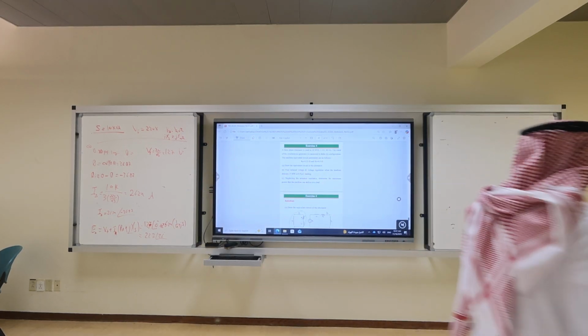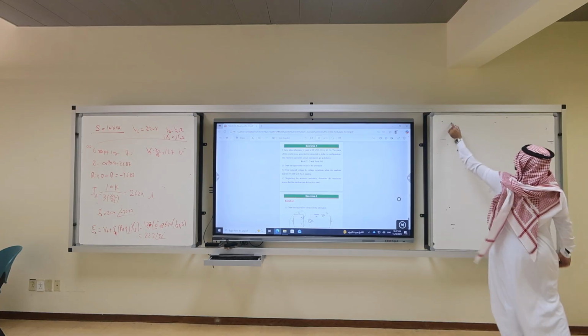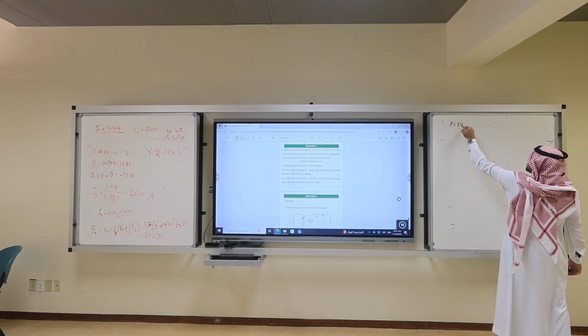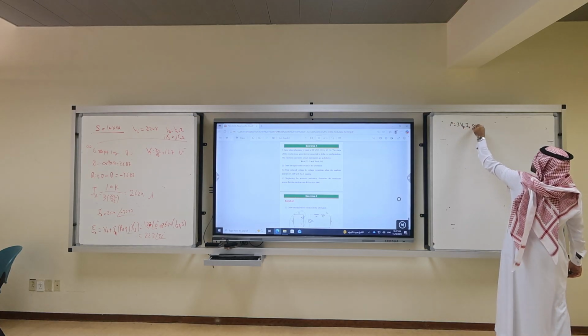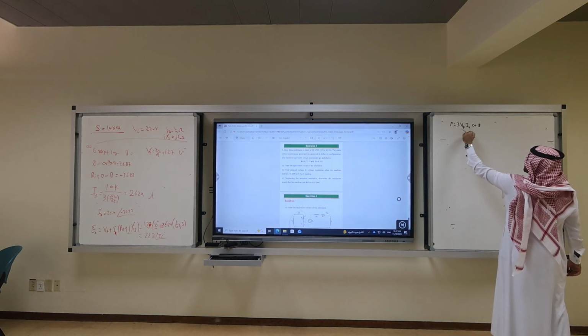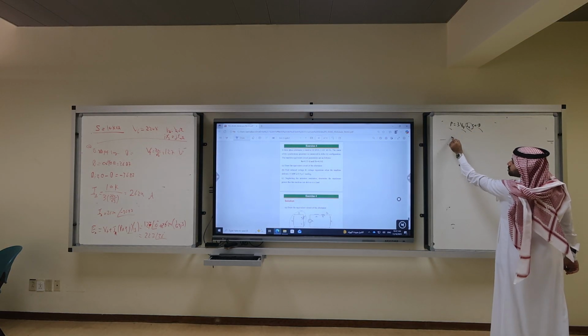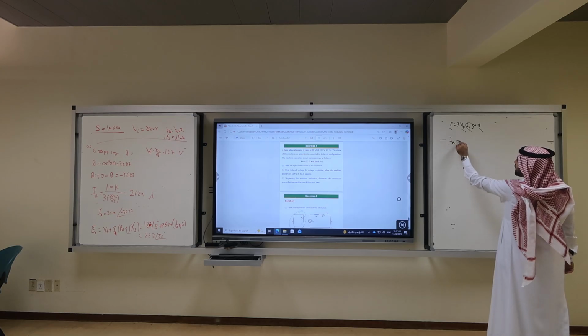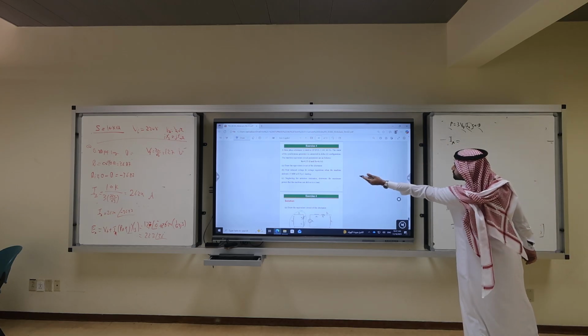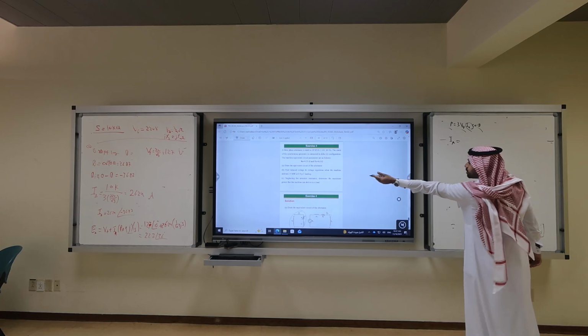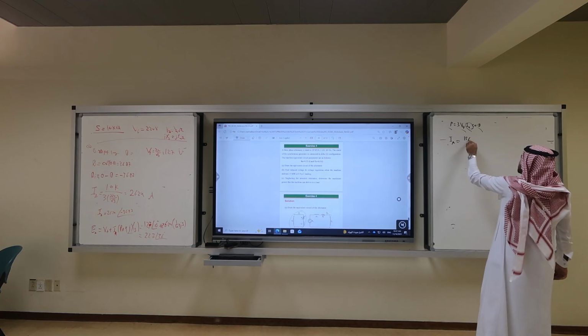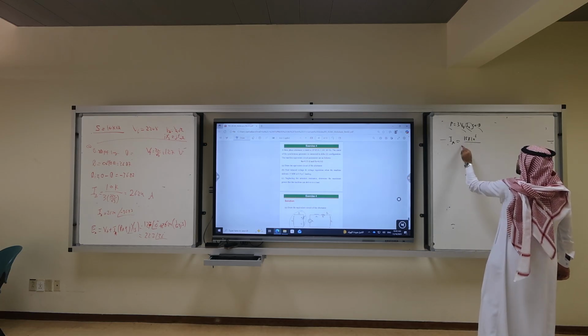What is the equation for P? P equals 3 V phase, I phase, cosine theta. I have this, I need this, I have that. So, the IA is P over, what is it? 15 times 10 to the power 6 divided by 3 times.